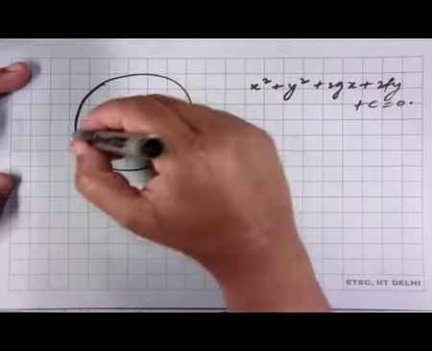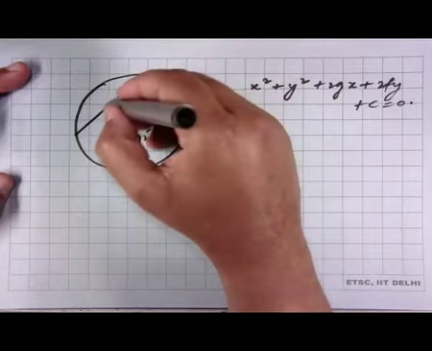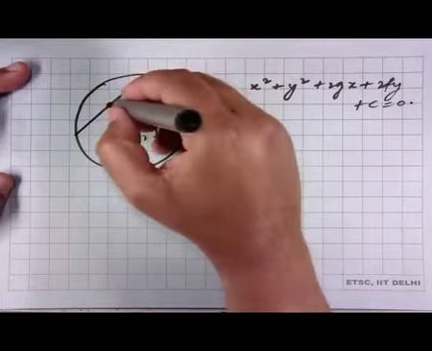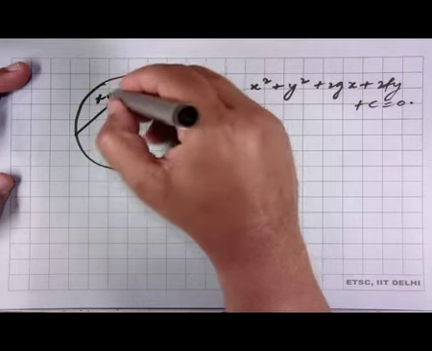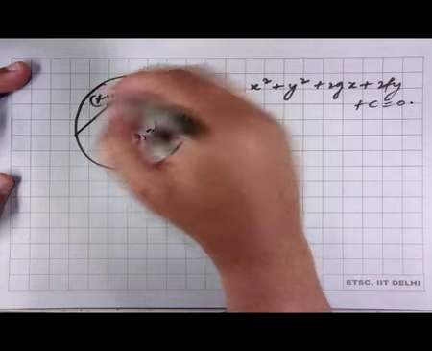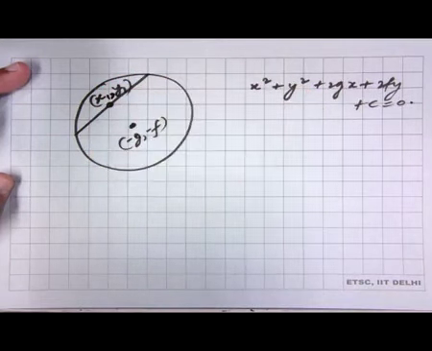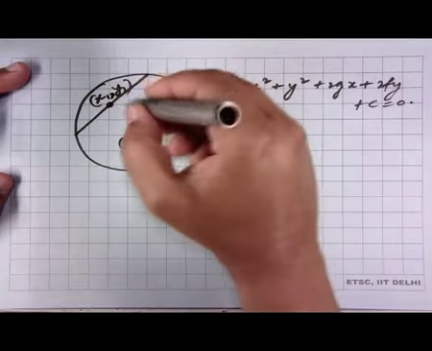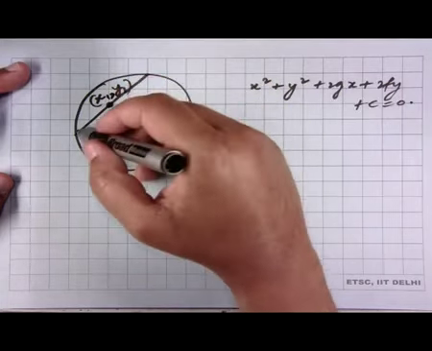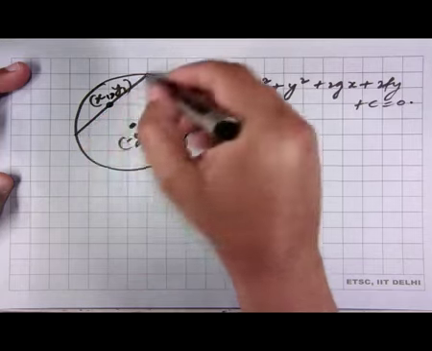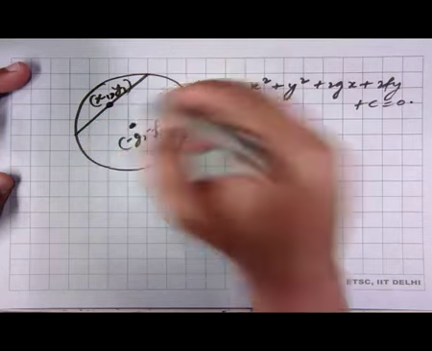Let us say there is a chord, and we know that the midpoint of this chord is given to us, and it is x1 y1, and then we are asked to find the equation of the chord.